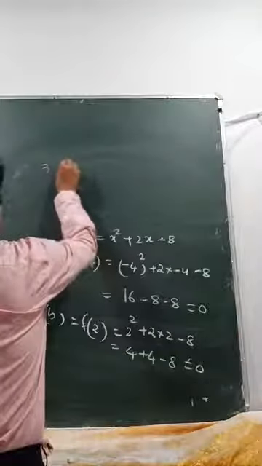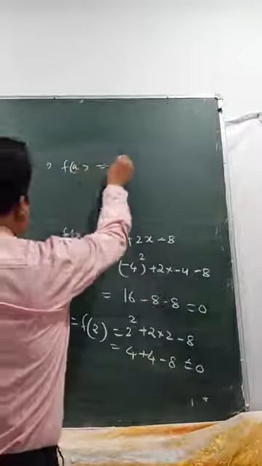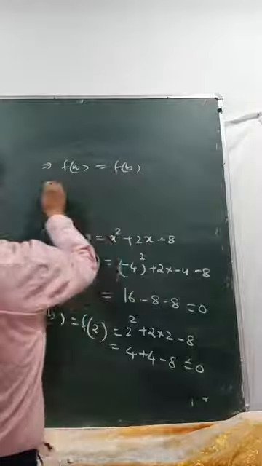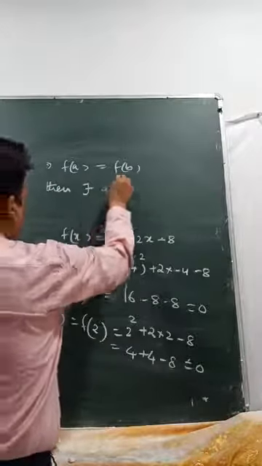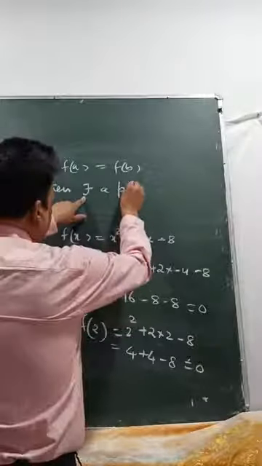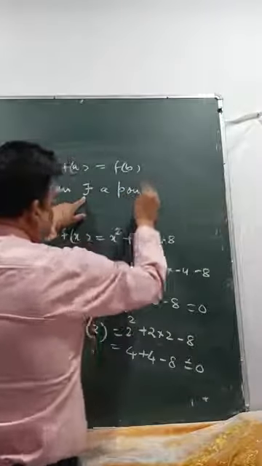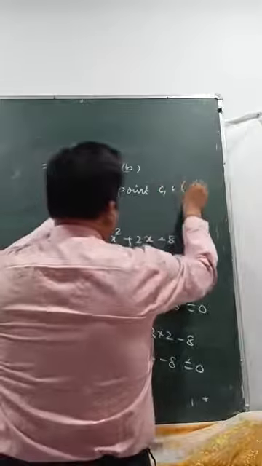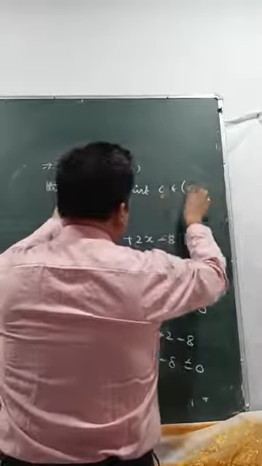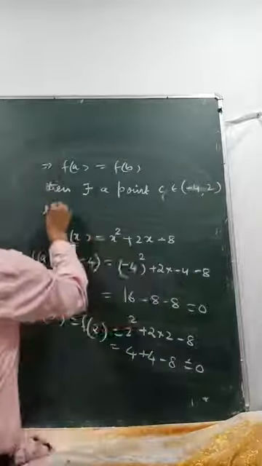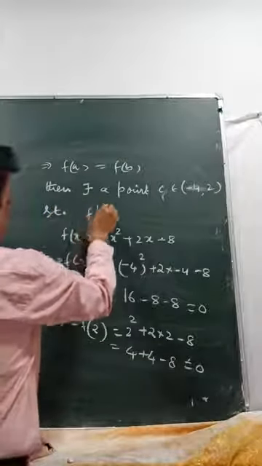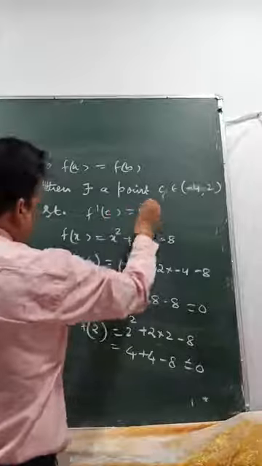Implies f(a) equals f(b). Then you find out there exists a point. This is the symbol for there exists. c belongs to open interval (a, b) means minus 4 to 2, such that f dash c equals 0.